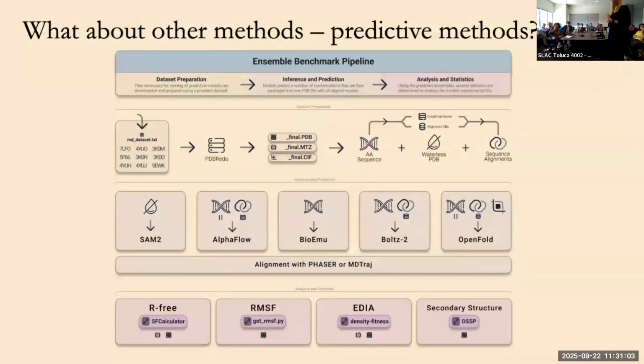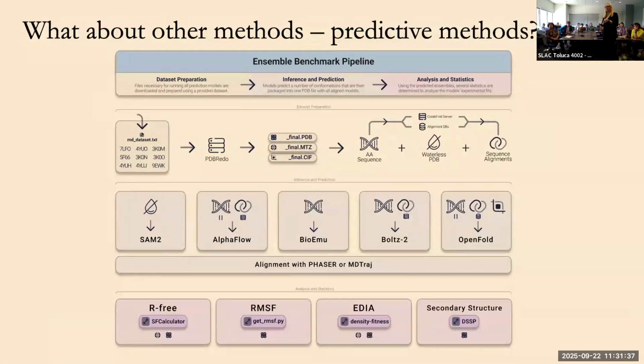So we've been developing this ensemble benchmark pipeline. What we really took after this was thinking about, in MD simulations, we have been benchmarking against really high quality room temperature crystal structures and NMR structures to be able to iteratively improve these models. And so if these ensemble predictive models are doing similar things, we should have this same continuous feedback mechanism.